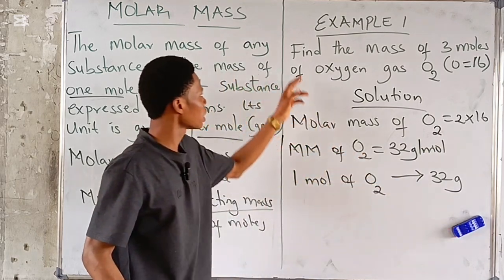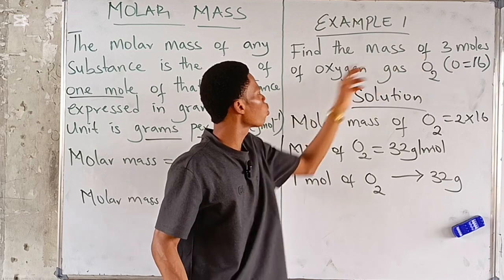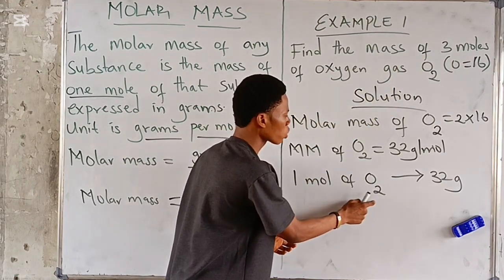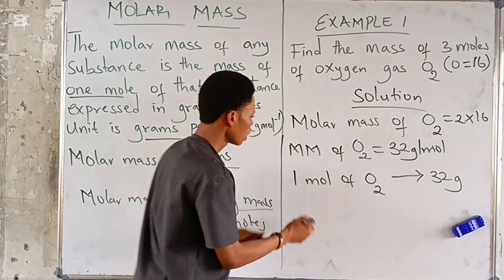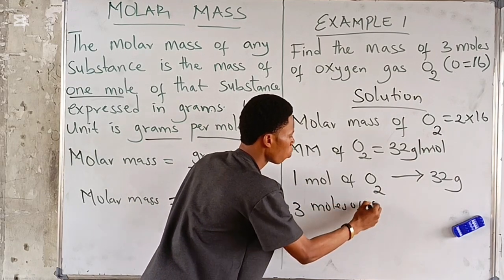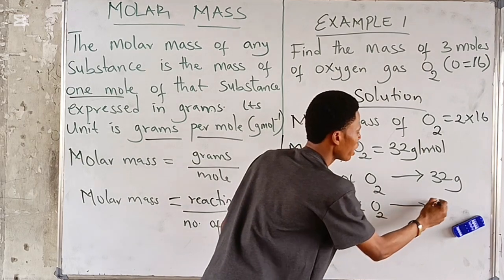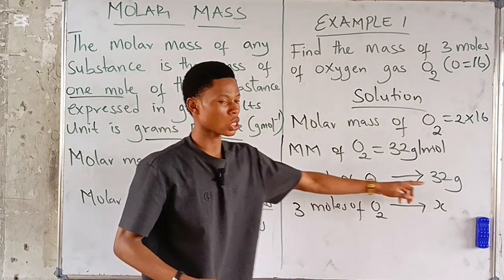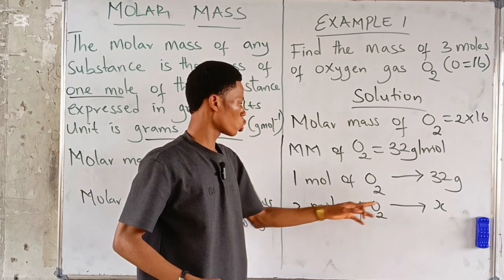The question is asking, find the mass of 3 moles of oxygen gas. If 1 mole of oxygen gas is 32 grams, then 3 moles will be X.